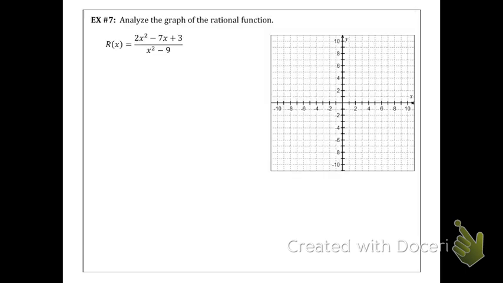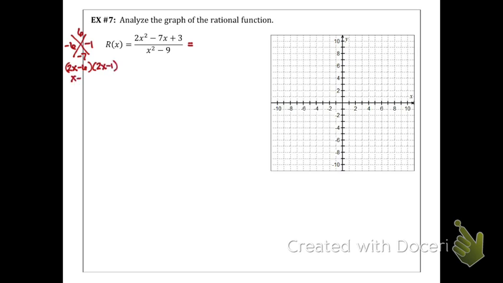So let's try this. It wants us to analyze and graph this function. All right, so the first thing it said to do was to factor it. So let's go through. We're going to X box the top. So I need two numbers that multiply to 6 and combine to negative 7. So that's going to give me 2x minus 6 and 2x minus 1.